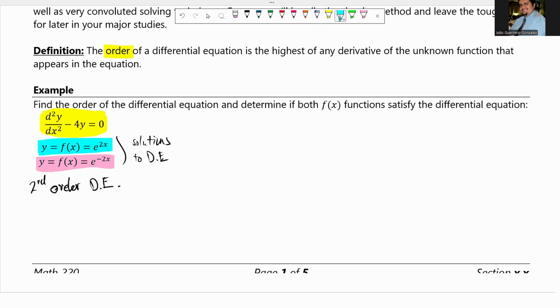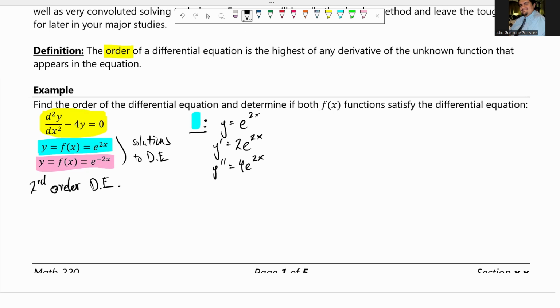So the first one I'm going to do is the blue one. So y is equal to e to the 2x. Y prime, hopefully you remember your chain rule, is 2e to the 2x. Y double prime is equal to 4e to the 2x.